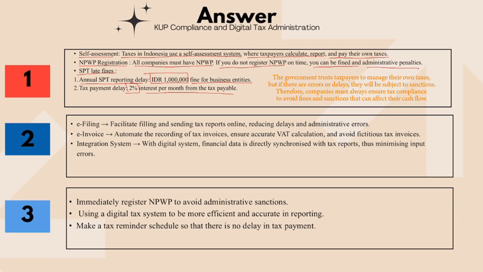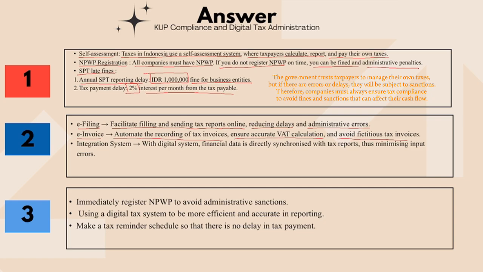Digital tax systems help with compliance. First, e-filing. E-filing facilitates filing and sending tax reports online, reducing delays and administrative errors. Number two, e-invoice automates the recording of tax invoices, ensures accurate VAT calculation, and avoids fictitious tax invoices.